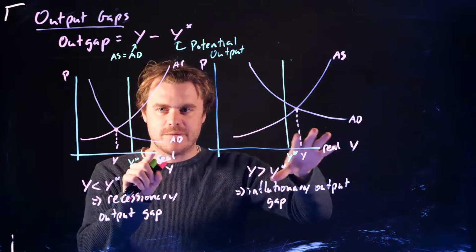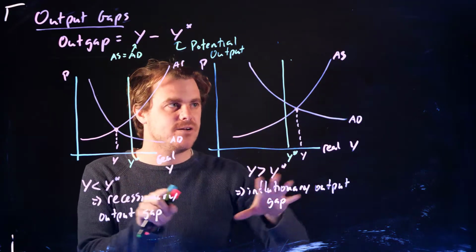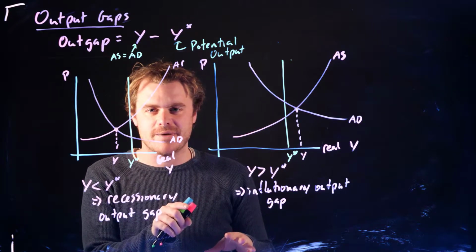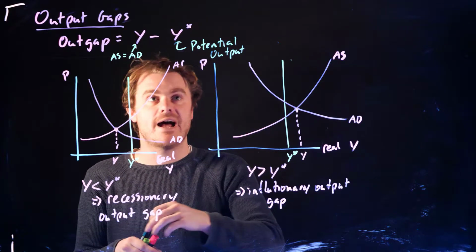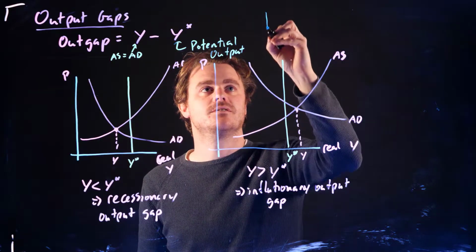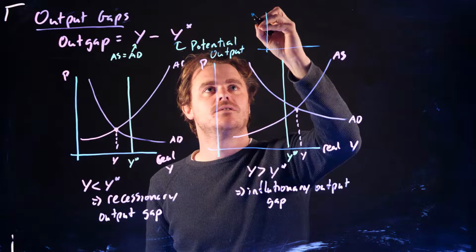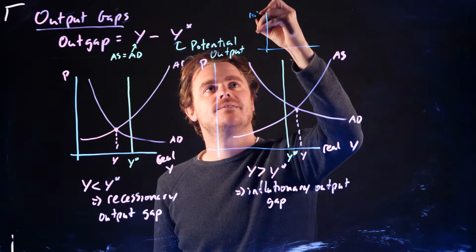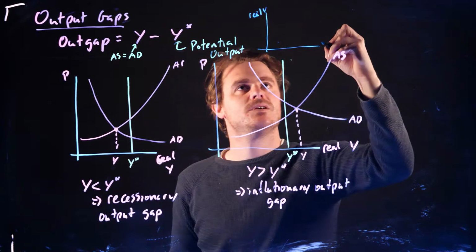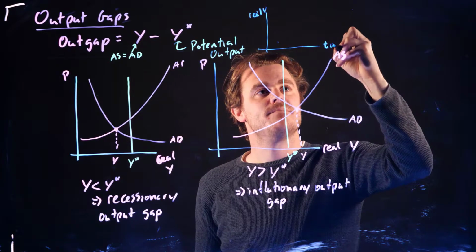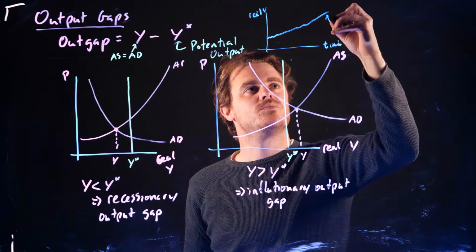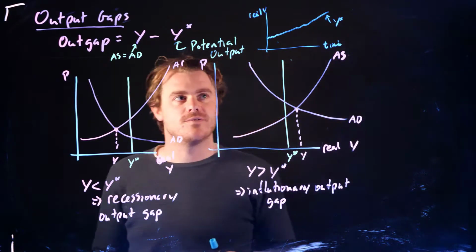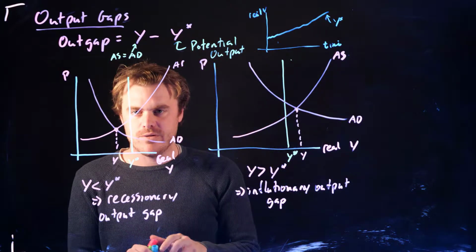So we can start to think about this in terms of the business cycle, right? I don't think I quite have enough room here to talk about it, but maybe I can draw it up here. So let's say we have real Y, and this is time. Here's our potential output, which we're hoping is slowly rising over time, and that's about long run growth.